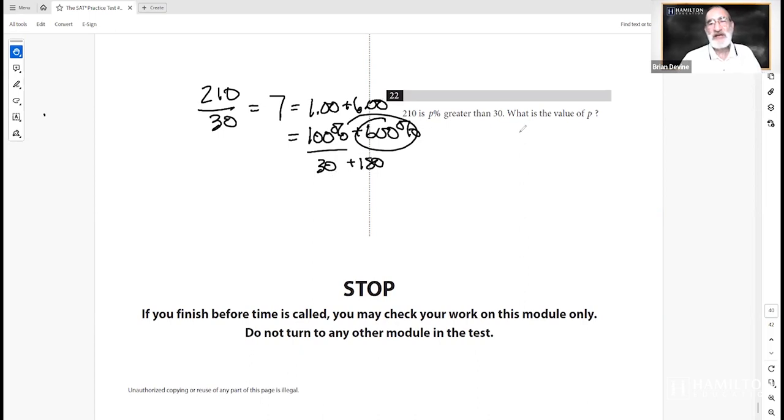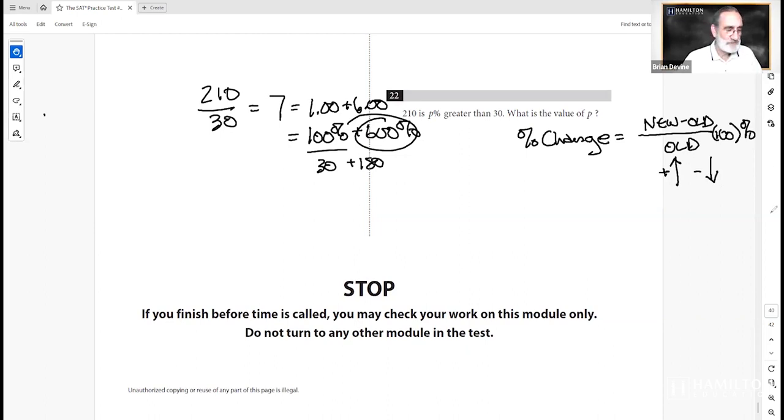Or I could use the idea of percent change. The percent change formula says this: I'm going to take new value minus old value over old value times 100. And then that'll be a percent change. If it's positive, it means I went up by that much. If it's negative, it means I went down by that percentage.